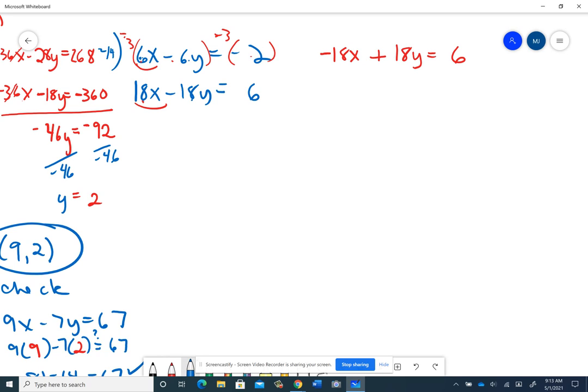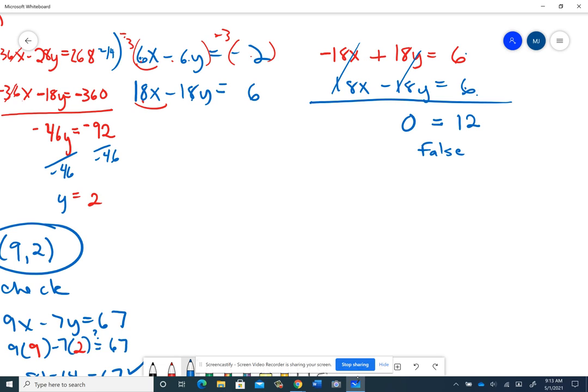And then bring the bottom equation over. When you add them, that's gone, that's gone. You get a 0 on the left equals 12. See, those aren't opposites. You get a 12. That's false. No x, no y anywhere.